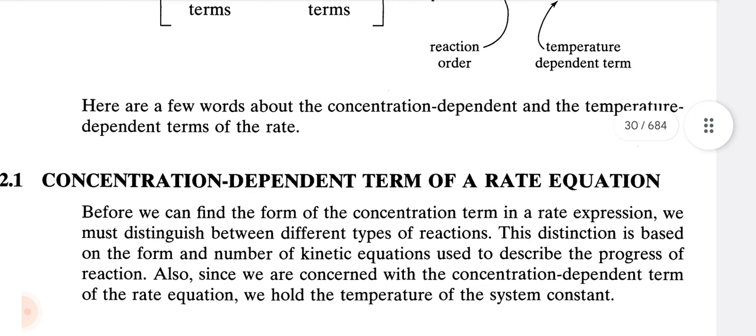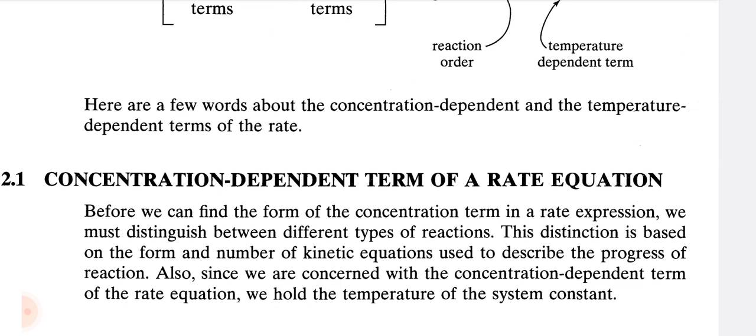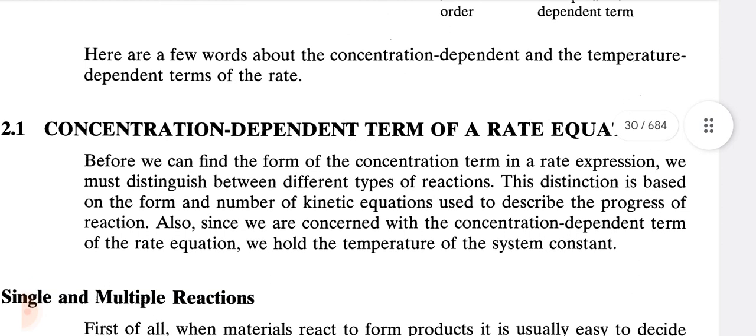Here are a few words about the concentration dependent and the temperature dependent terms of the rate. Concentration dependent terms of a rate equation. Before we can find the form of the concentration term in a rate expression, we must distinguish between different types of reactions.